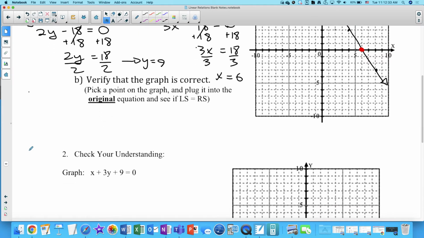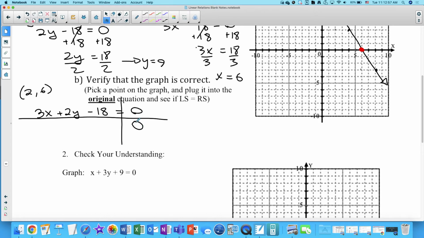So when you're verifying, the equation was 3x plus 2y minus 18 equals 0. I'm going to use the point 2, 6. Okay? And so all I'm going to do is plug that in for x and y and see if the left side equals the right side. Right side is 0.